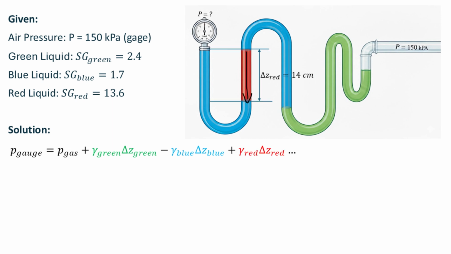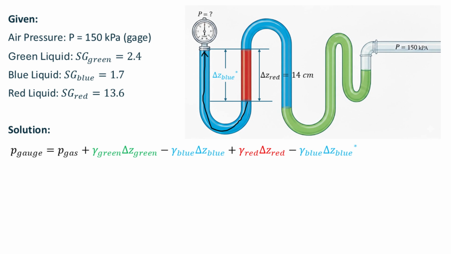And next, we are in the red fluid, going downwards until the interface between the red and the blue fluid. Clearly, we go down in elevation and we will increase in pressure. To calculate this pressure increase, we will use the specific weight of the red fluid and the elevation change of 14 centimeters. The operation plus should be executed.